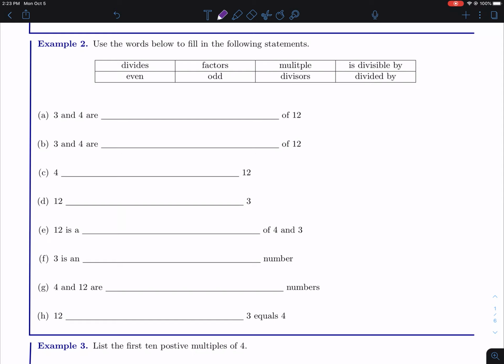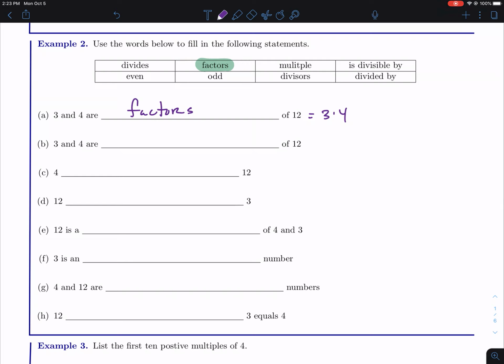So 3 and 4 are blank of 12. Hopefully everybody's yelling out that 3 and 4 are factors of 12. Because if you think about 12, you can rewrite it as 3 times 4, for example. The fact that we can write it as 3 times 4 means that 3 and 4 are both factors of 12.